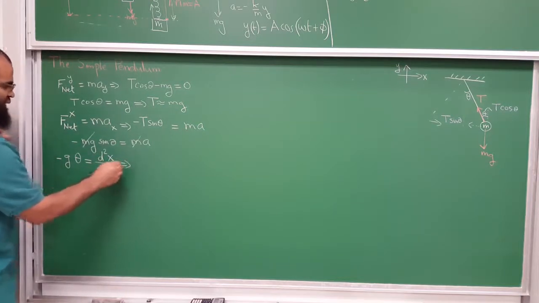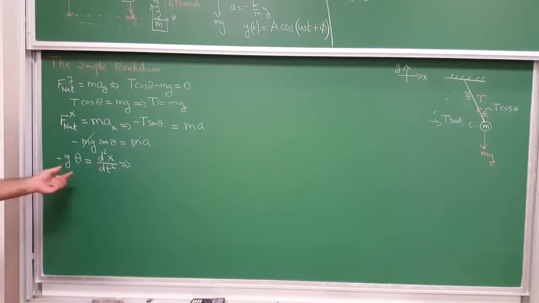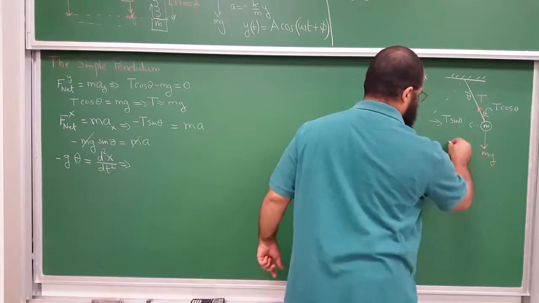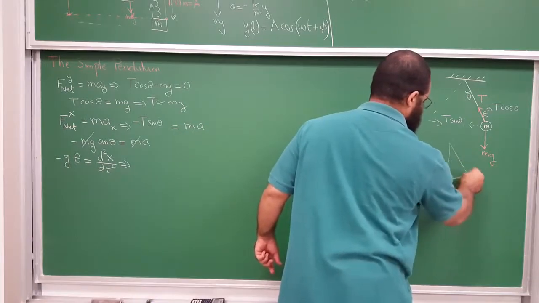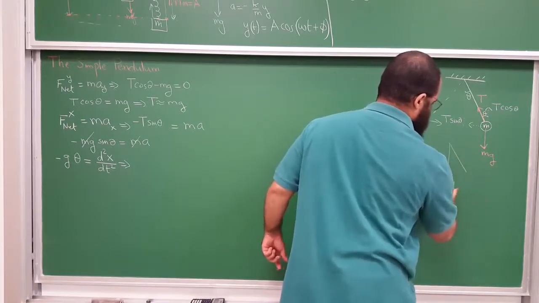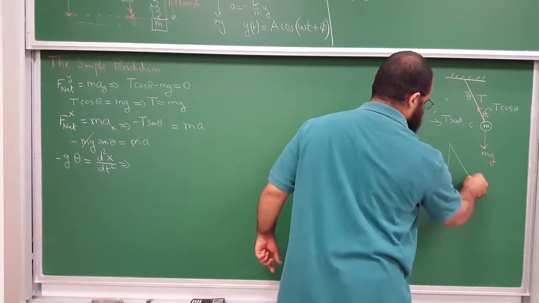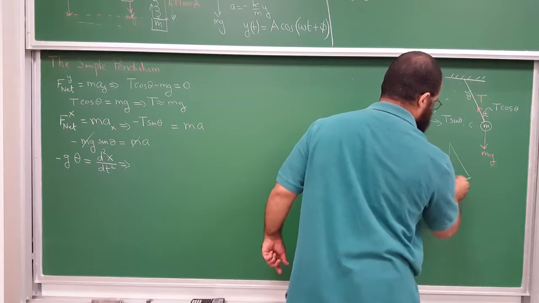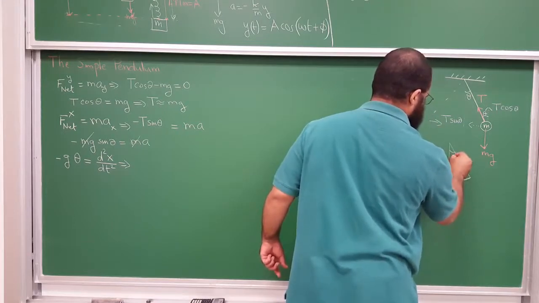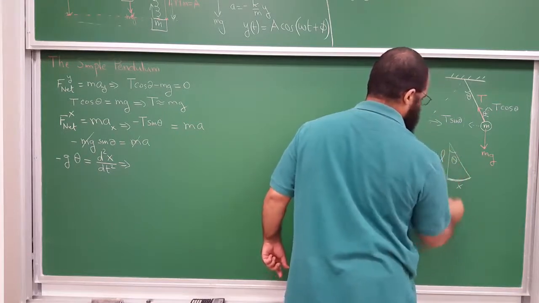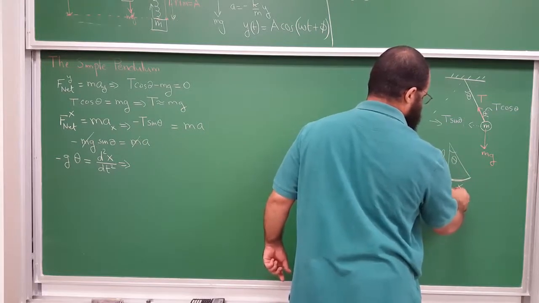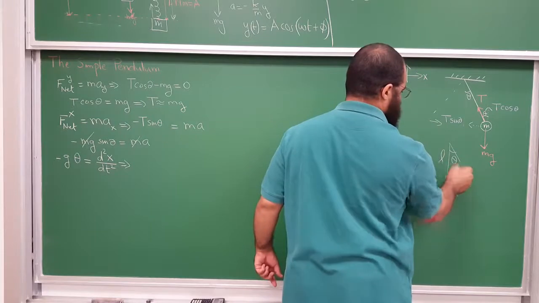But I have theta here, and I don't want theta. Well, remember, if you have an arc that's like this, the whole displacement is in the x direction here. This is basically equal to x and this is theta, and the length is L. So L theta will equal X. The arc length will equal L times theta.